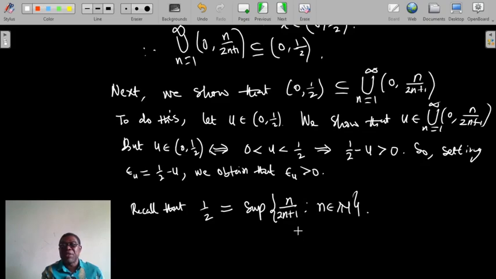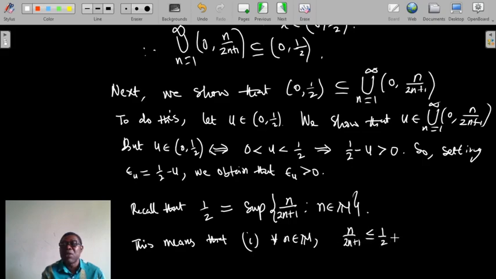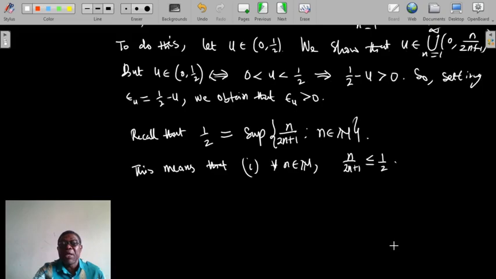If we recall this, then this means that, for any n in the set of natural numbers, n over 2n plus 1 is less or equal to half. This we've already seen.